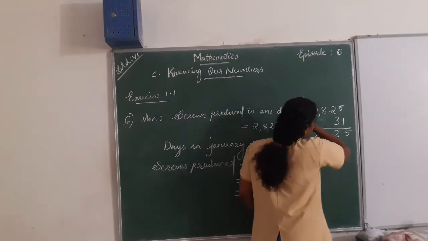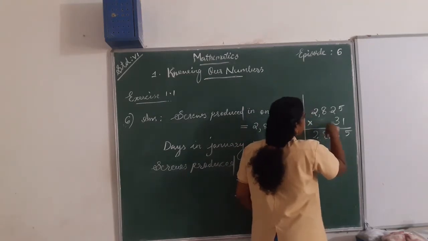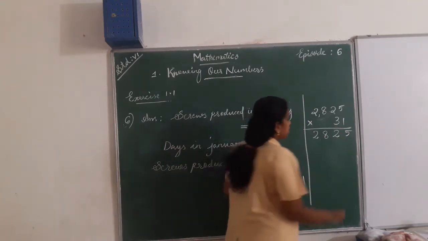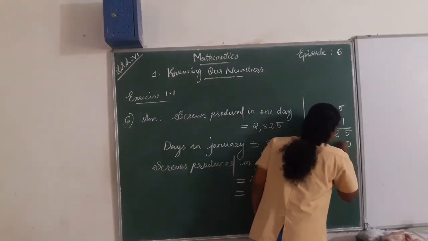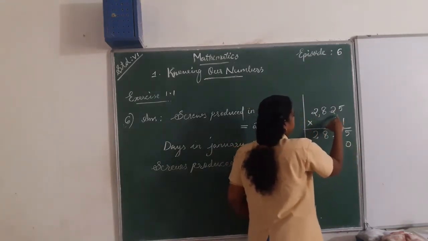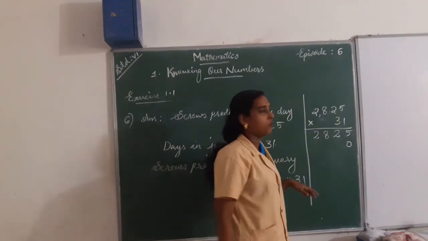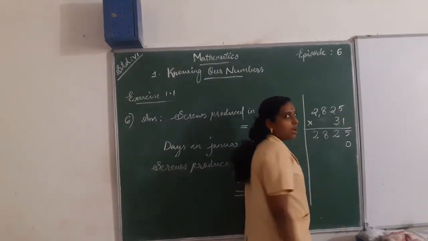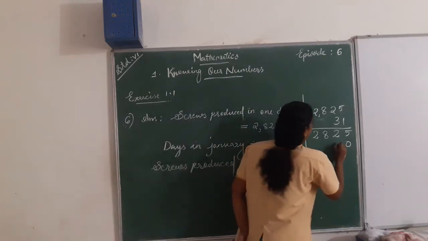And then we multiply these numbers into 3. So first we put the 0 and we multiply 3 into 5. 5 3s are 15. 5 3s are 15.